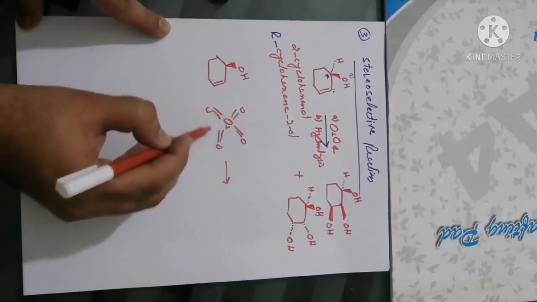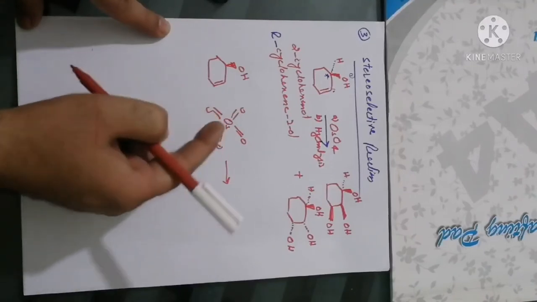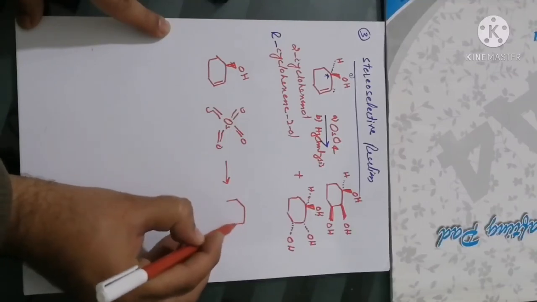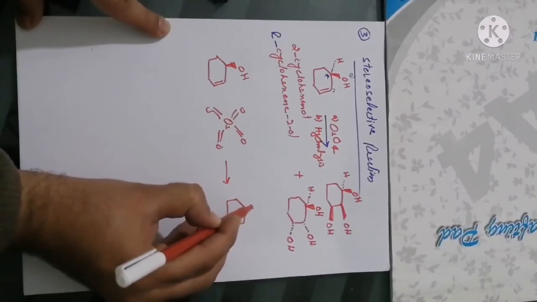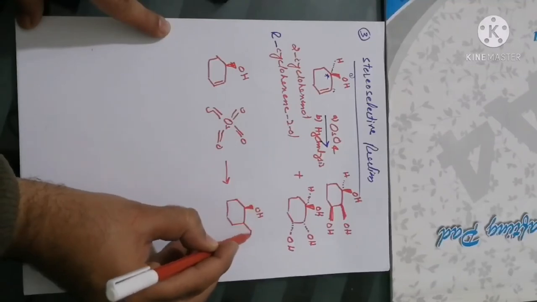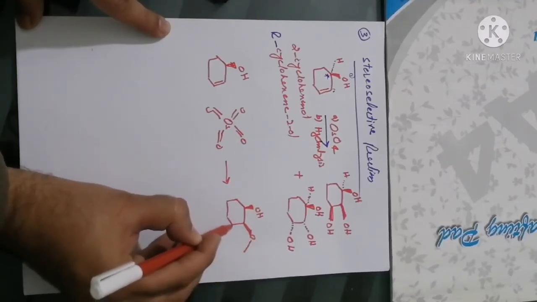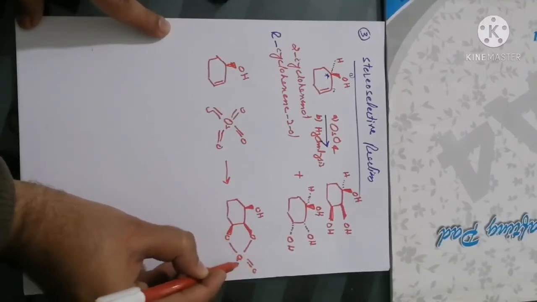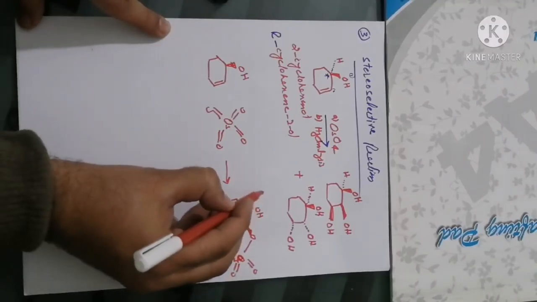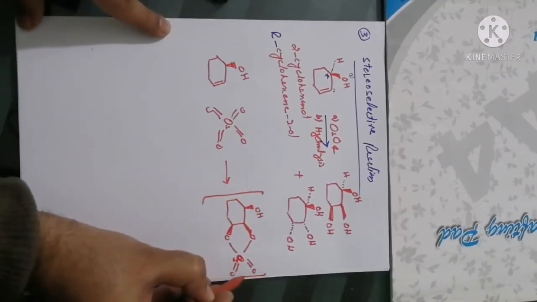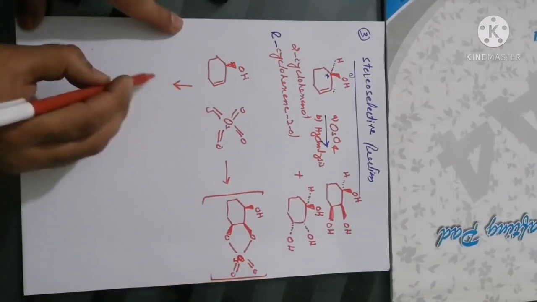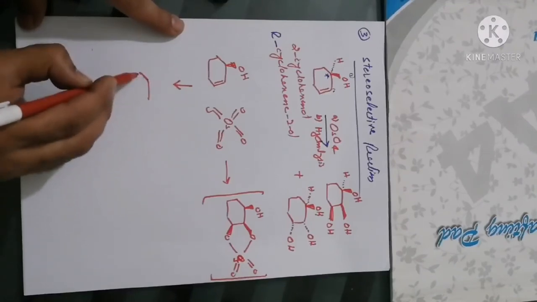If the attack of the osmium tetroxide is from the upper face, then the transition state will be like this, on the same side as the hydroxyl group. We may have the second transition state.